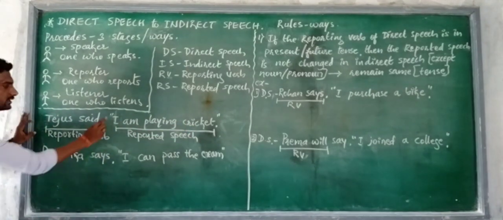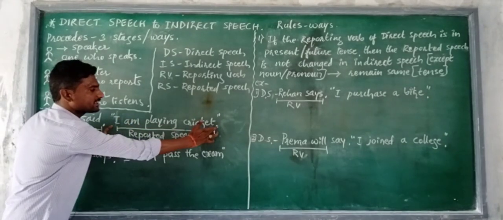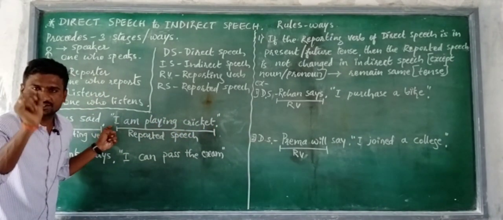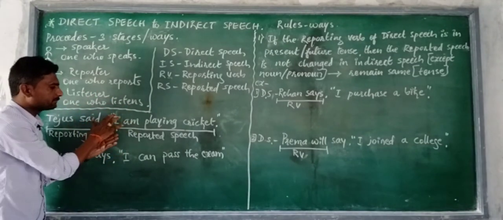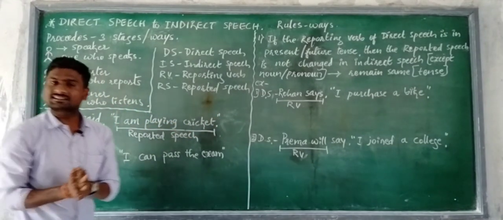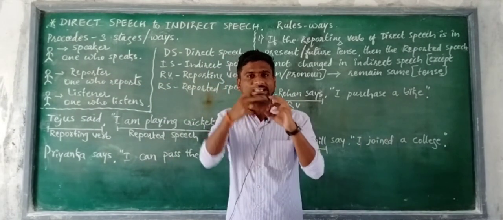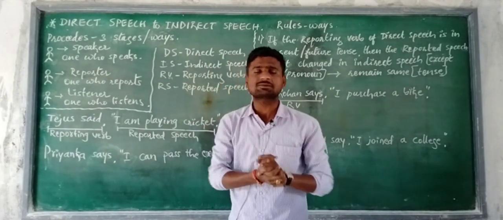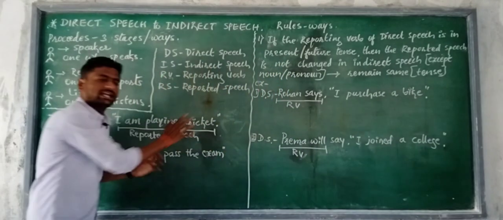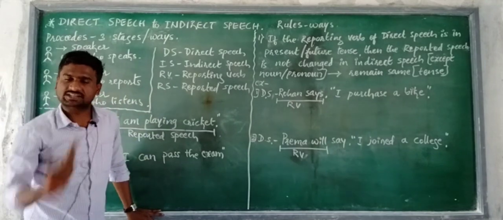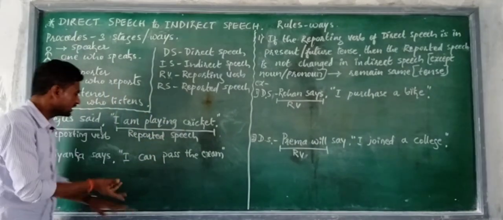My dear students, direct speech is always quoted in between inverted commas, and in indirect speech we can't see any symbols or any punctuation marks. This is the important thing to observe, which is direct and which is indirect.